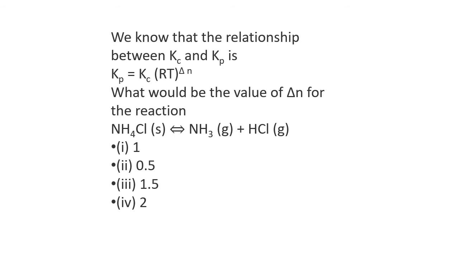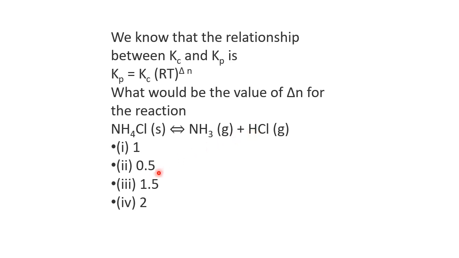Question number 1. We know that the relationship between Kc and Kp is Kp equals Kc into RT to the power delta n. What would be the value of delta n for the reaction ammonium chloride giving ammonia and HCl, when the reaction is in equilibrium?